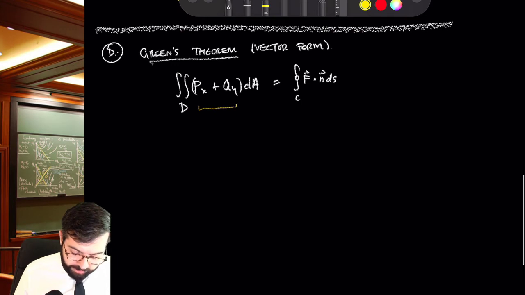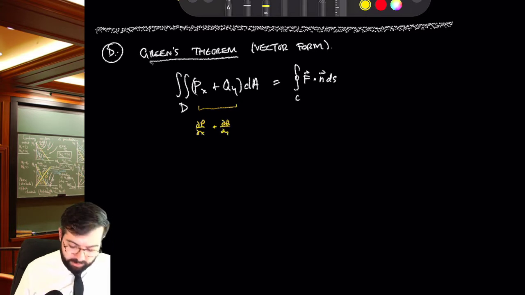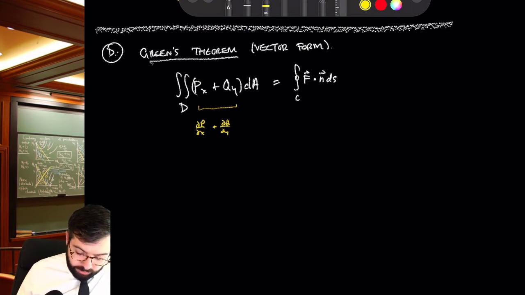And this in particular, dp dx plus dq dy, you may recognize it, you may not. This is the divergence of a two-dimensional vector field, right? So this is really div f, which is really gradient dot f.